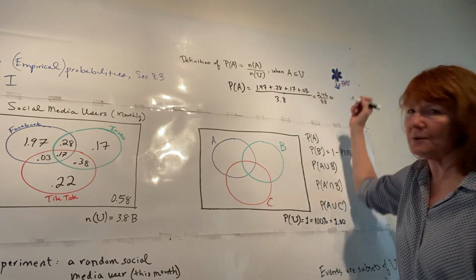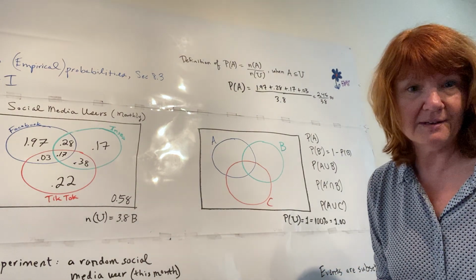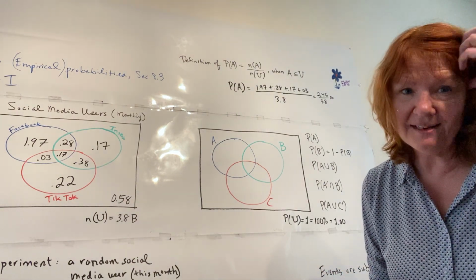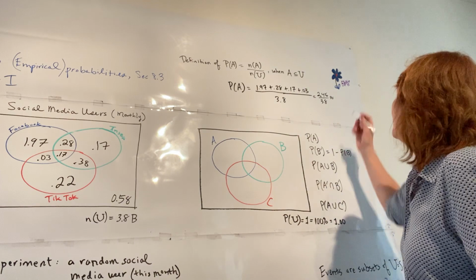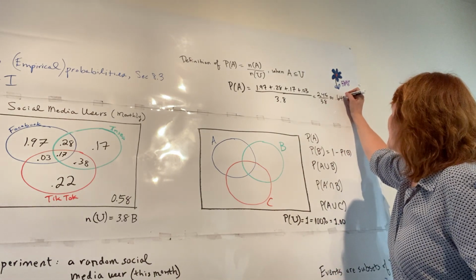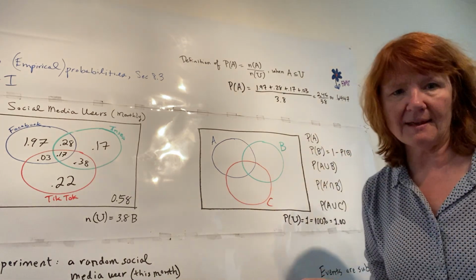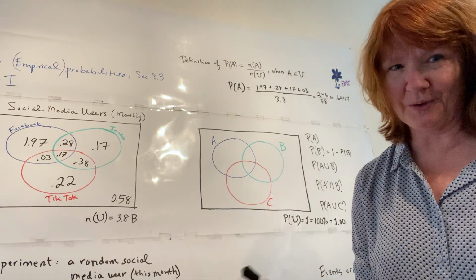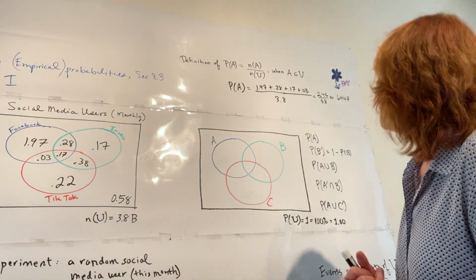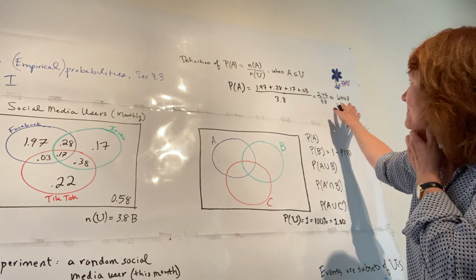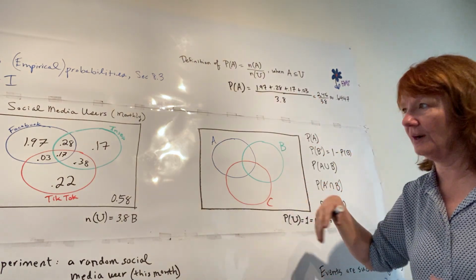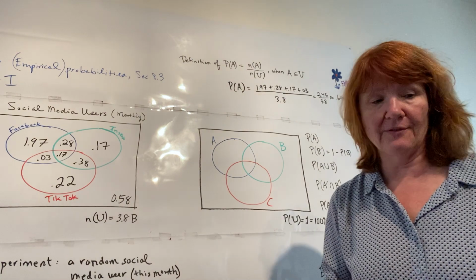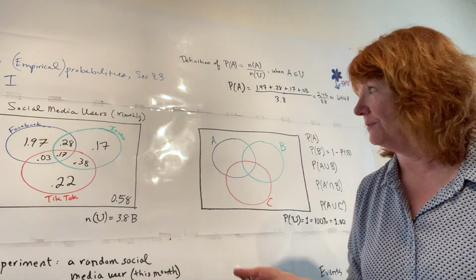I'm going to go out to 4 decimal places so that if I need to round to 3, I'll be able to do that. On MyMathLab, whatever number of decimals they want, that's what you work to achieve. So that would be the probability of event A: picking a social media user and finding out that they are a Facebook user this month.